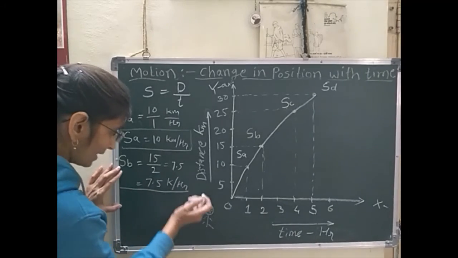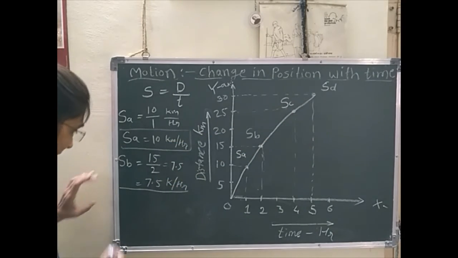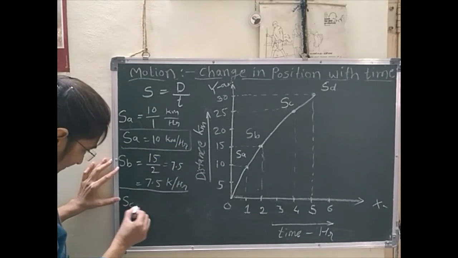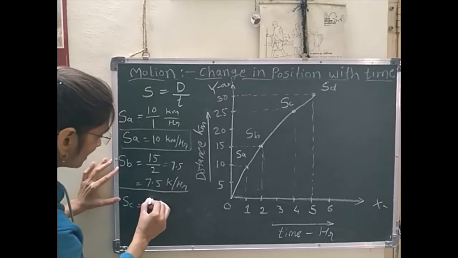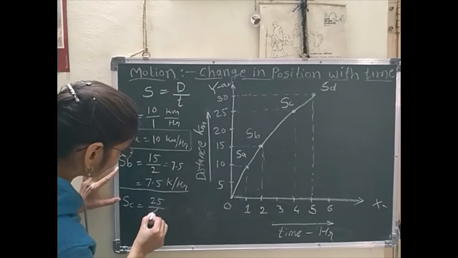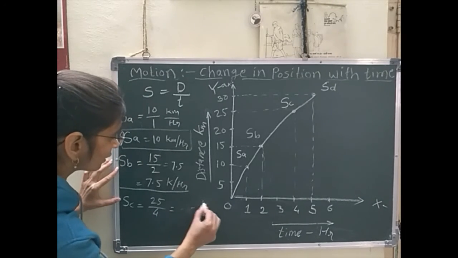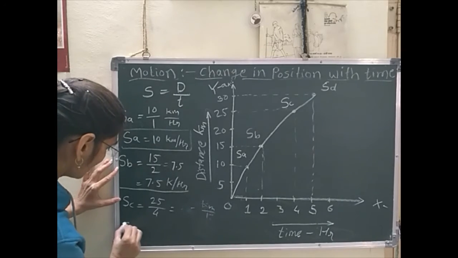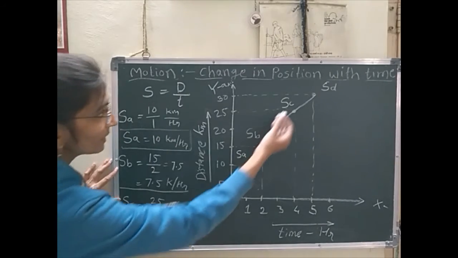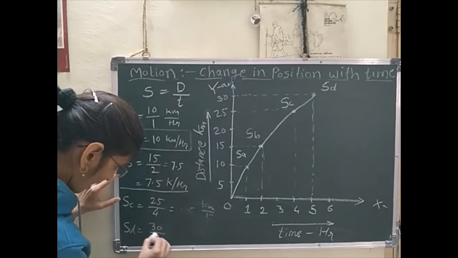In this manner, we can take out the speed for the third point, C. What is the distance? 25. What is the time? That is 4. So what will be the answer? That is kilometer per hour. In this manner, for D, what will be the speed? 30 upon 5.